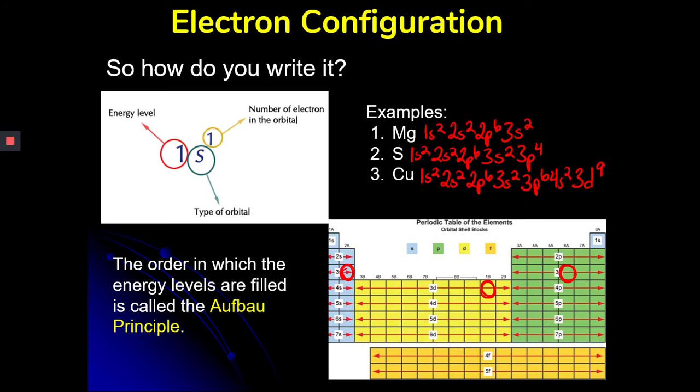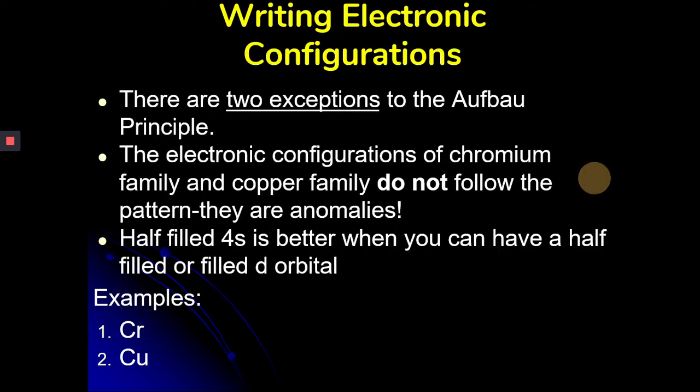Now, that's the way we did it last year, and that's fine. That's the way you do it, except there are two exceptions. The two exceptions are when you're half filled or close to being filled D. So there are two exceptions to the Aufbau principle: the electron configuration of the chromium family and the copper family.